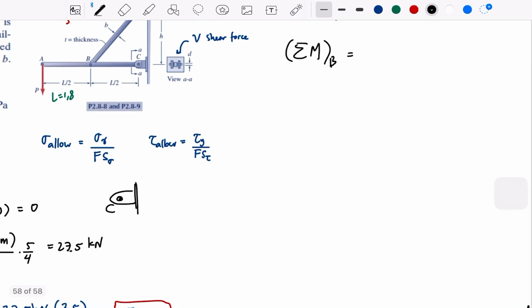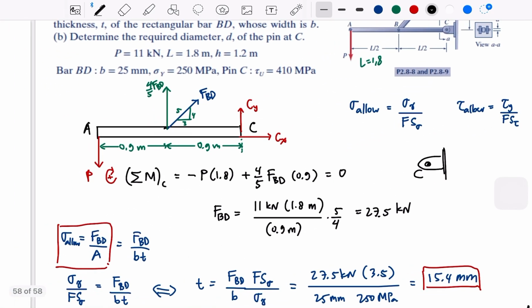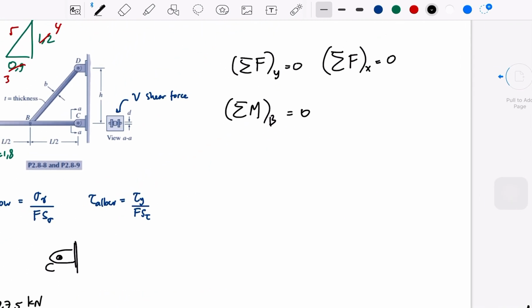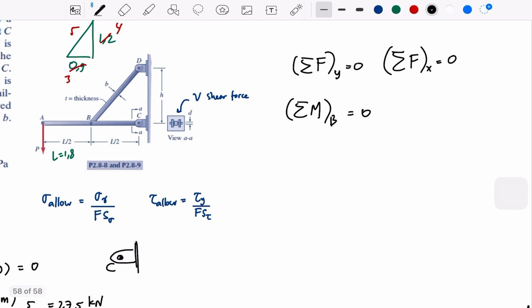Okay, so because it has the same distance, we can make sure that Cy is equal to B, right? Get it? From the sigma moment at B here. So if we take this, because the length is the same, right?